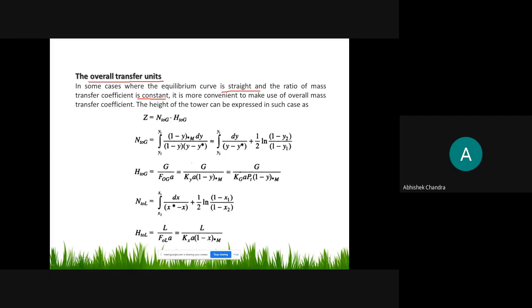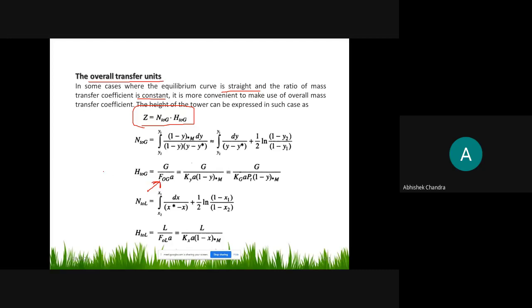But if the mass transfer coefficient is constant and the equilibrium curve is straight, the convenient way is to express it in terms of the overall mass transfer coefficient. Then the height of the tower can be estimated with the help of this. Here NTOG and HTOG are the same, that is, this is the overall mass transfer coefficient.